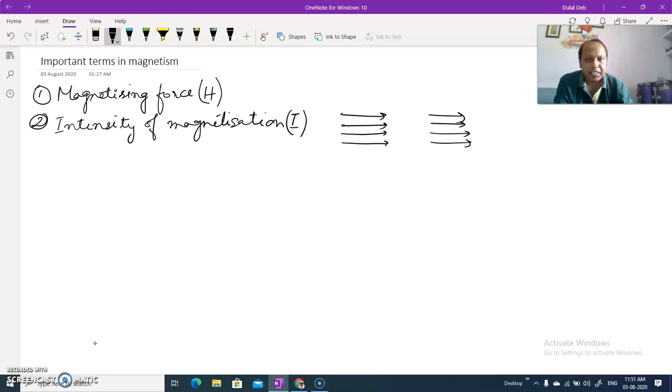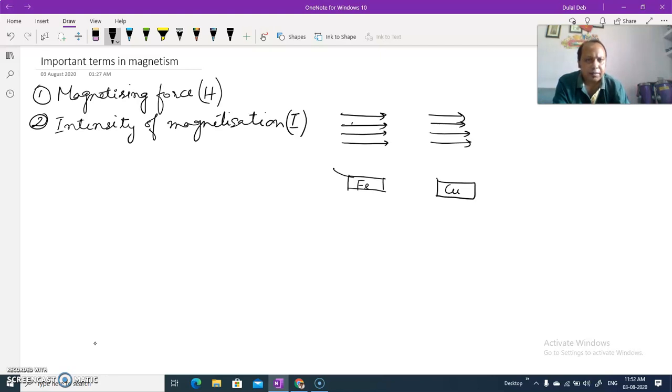Now the magnetic material, we are keeping it different. Suppose in one of them the magnetic material which we kept is say iron, and let's say in another we keep copper. Now we will see a change in the magnetic lines of force.